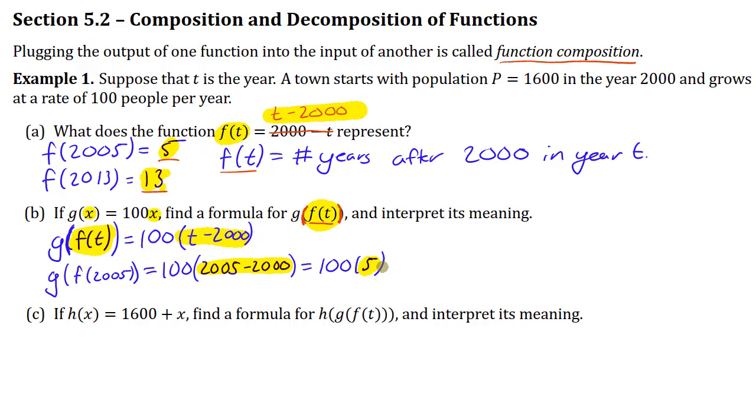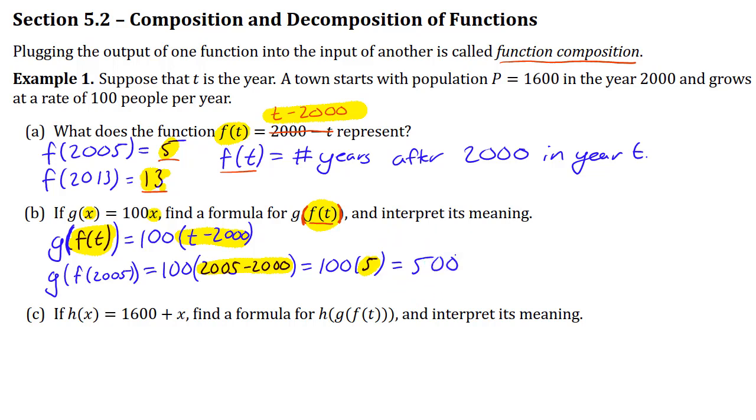And what does that say about the situation? Well, it says the population of the town is growing at a rate of 100 people per year. This means 100 people per year times 5 years that have passed since 2000. And it's going to be 500.